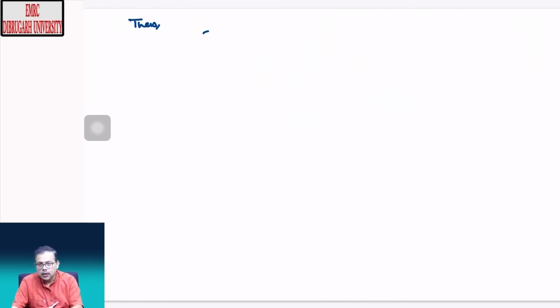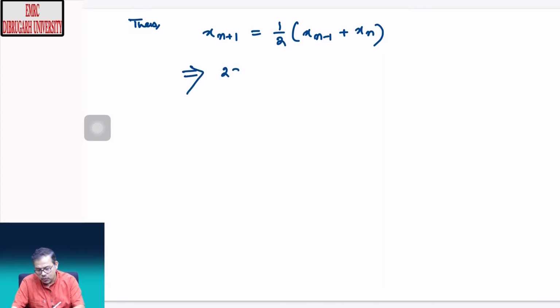Thus, x of n plus 1 by the definition of the sequence is half of x n minus 1 plus x of n. By simplifying, 2 x n plus 1 would be x of n minus 1 plus x n.